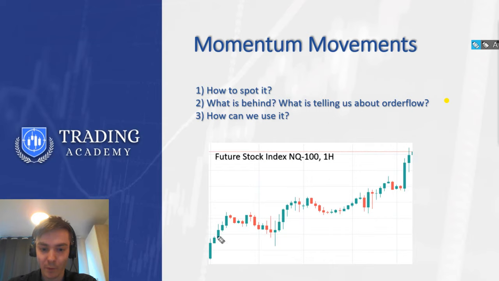You can see these momentum movements are the green candles, and how can we spot them? Usually, momentum movements are the ones with bigger bars, like here or here, and also they have, let's say, smaller wicks, like here. And what does this communicate to us? These smaller lower wicks mean that there is less profit taking.